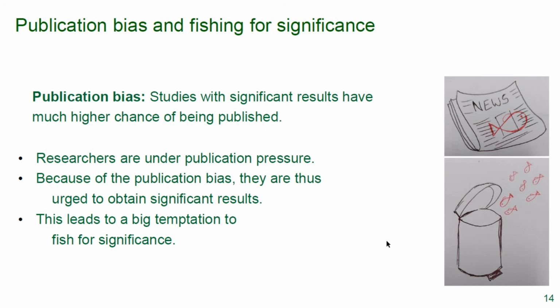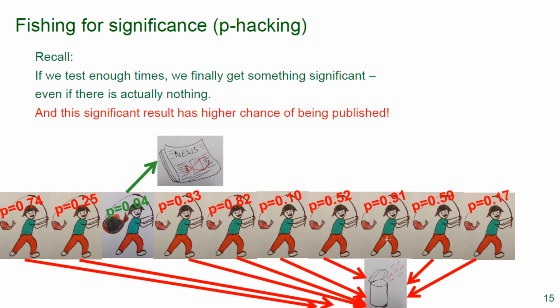Now, what is the connection to fishing for significance? We have seen that a publication bias results from the fact that studies with significant results have a much higher chance of being published. We, of course, all know that researchers are under publication pressure. So because of the publication bias, researchers are under pressure to obtain significant results. This, of course, leads to a very big temptation to fish for significance. Recall that if we test enough times, we finally get something significant, even if there is actually nothing.